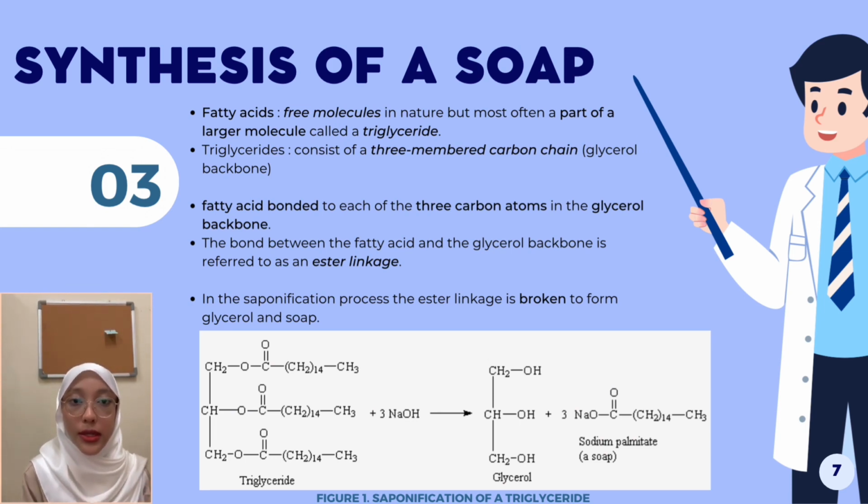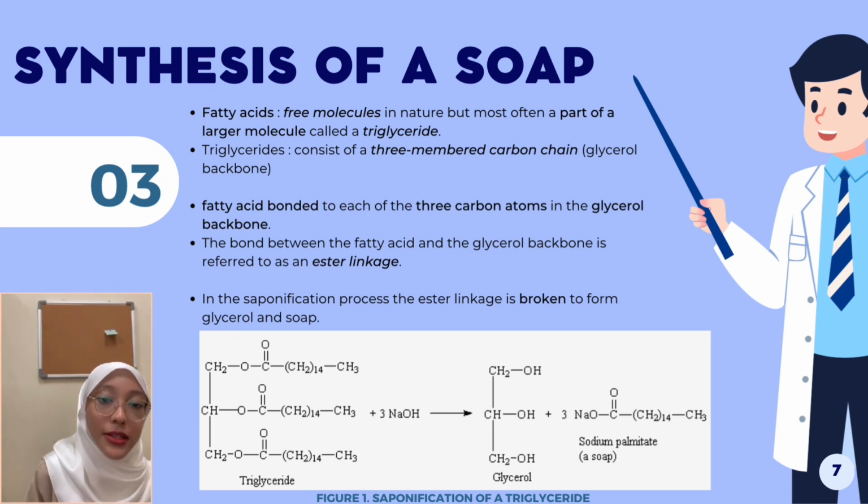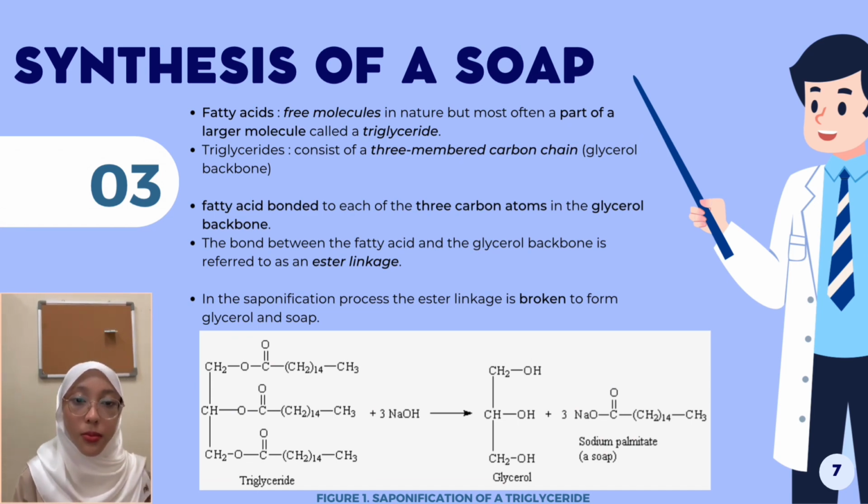So, as you can see in figure 1, which is the same figure as in the previous slide, let's focus on the triglyceride part, shall we? As you can see, there are 3 carbon atoms bonded to each other, and what holds the 3 carbon atoms together, we call a glycerol backbone or 3-membered carbon chain.